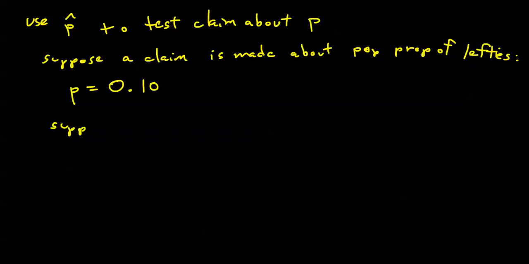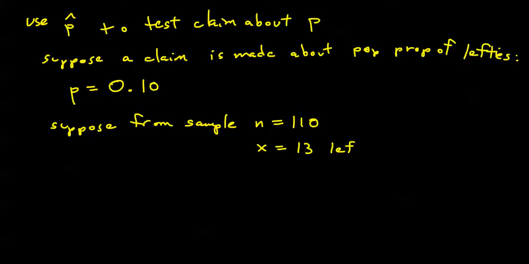Suppose further, from a sample, we get some new information. Let's say we take a sample of 110 human beings, and from that sample we arrive at 13 of those 110 people are lefties.